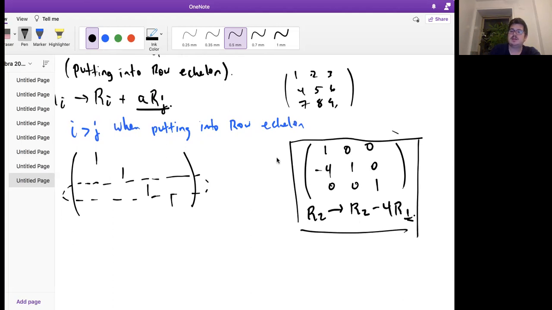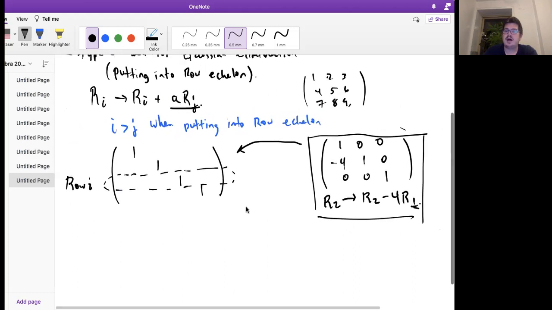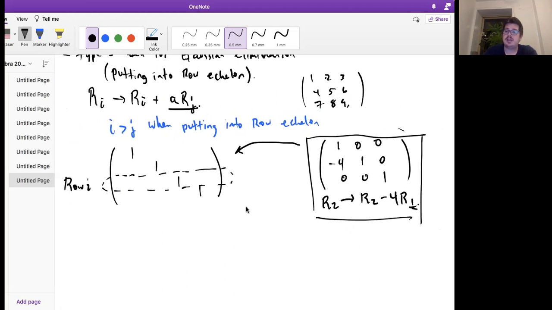The question is, what does that look like when you do row I to row I plus A row J? So the idea is that everything else looks like identity, except for row I. So just as -4 was placed in the first position, because we're doing something about row 1, where does A go?